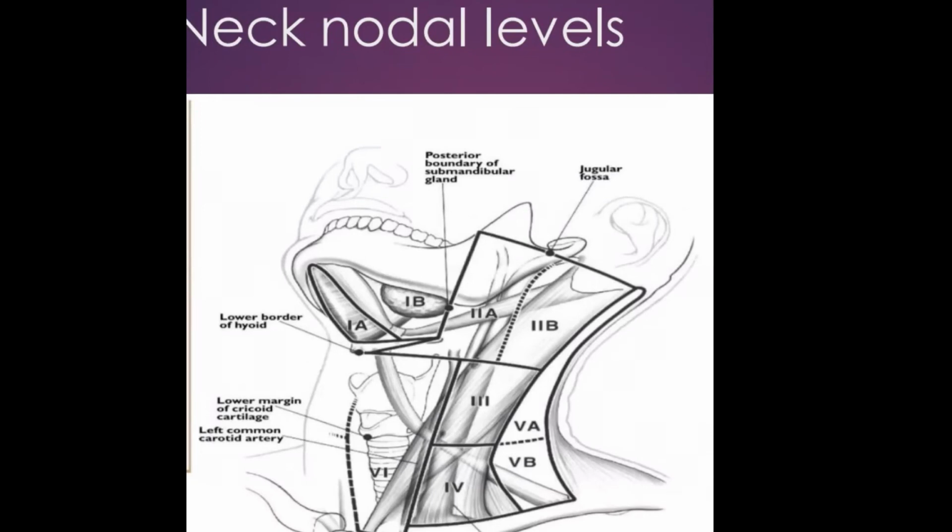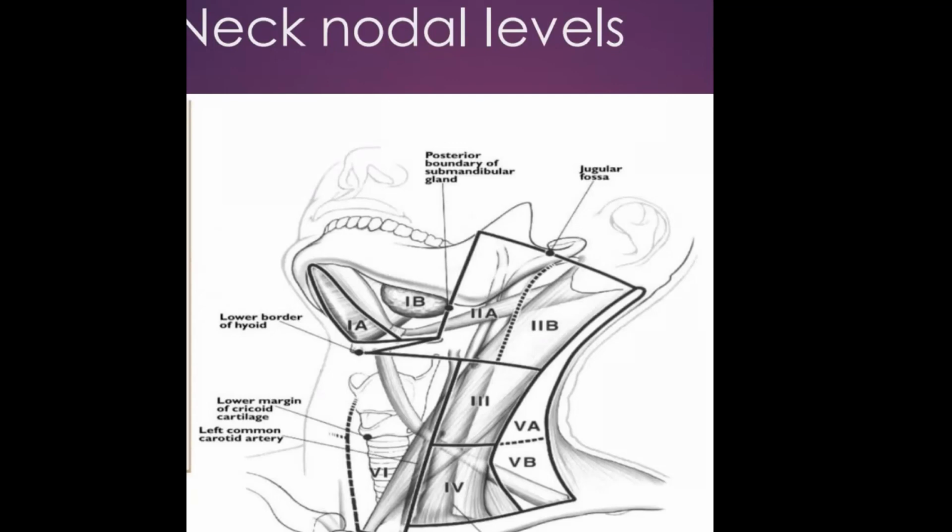So any lymph node around that region is 1B. Then level 2, you can see there, almost at the angle of the mandible. Any lymph node you see around there is level 2A. Then if you go laterally, you can see 2B there. 2B means it's that same level, but going a bit laterally.